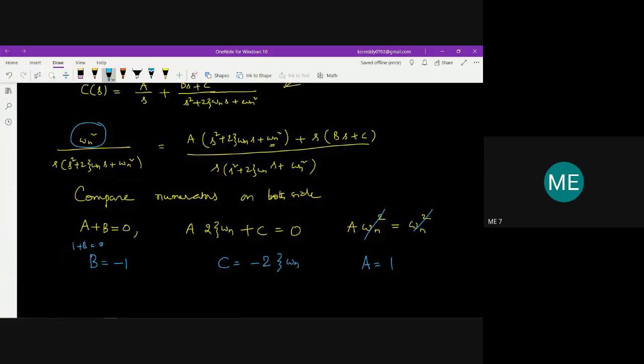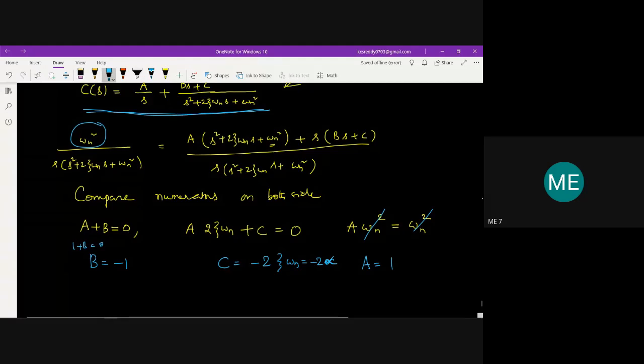We told that zeta omega n is taken as alpha, so I'll write this as minus 2 alpha. These are the values which I have got, and these values are to be substituted in this equation.